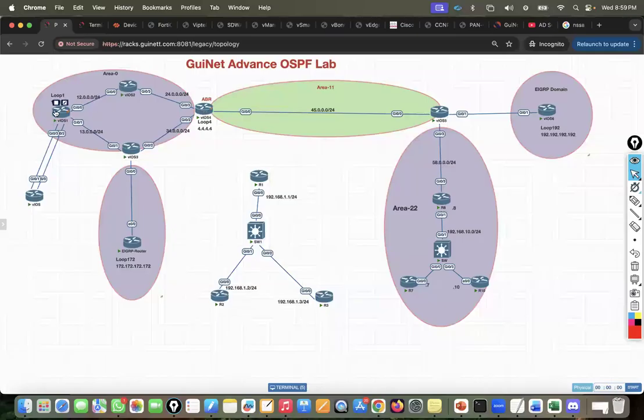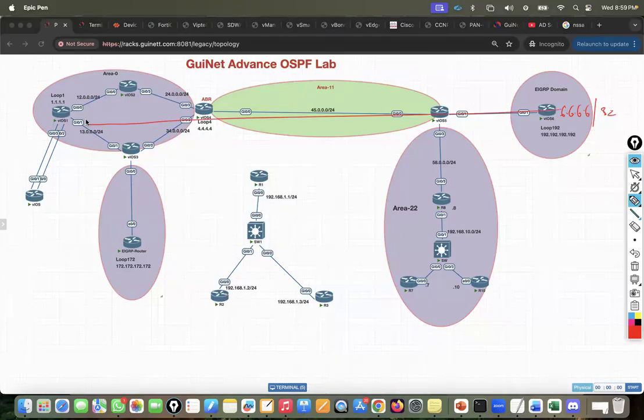So if I go on the R1, it is going to receive this prefix also, right? /32. What LSA should this prefix be in R1? Which LSA? 5. Yes. External, LSA 5.